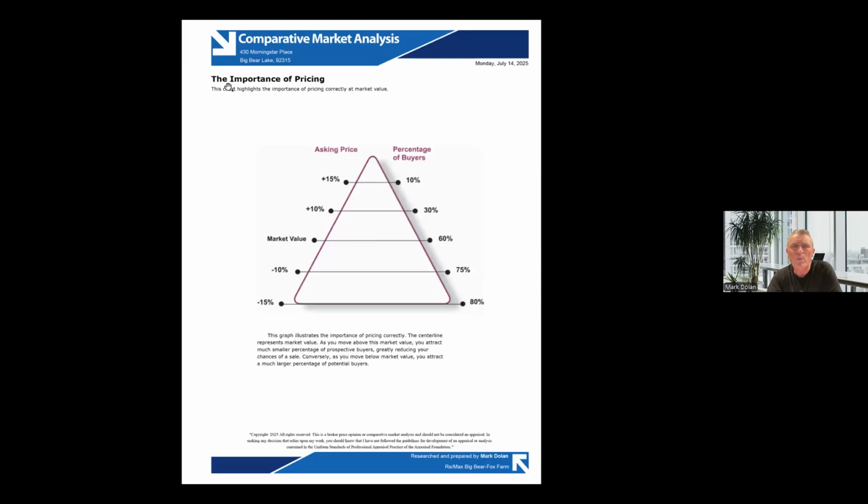There are some other important things you can talk about when you get people with objections on pricing. They may say, I agree with you that the value is 1,000,004, but I want to try 1,550,000. So you can talk about the importance of pricing. If you're at fair market value, 60% of the people in the market are your potential buyers.